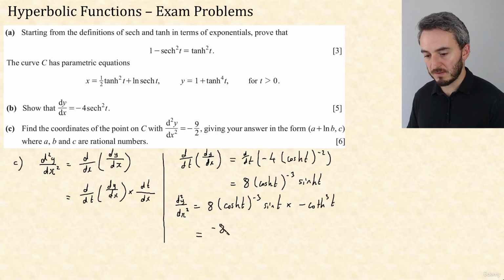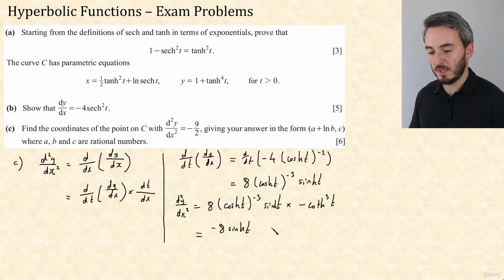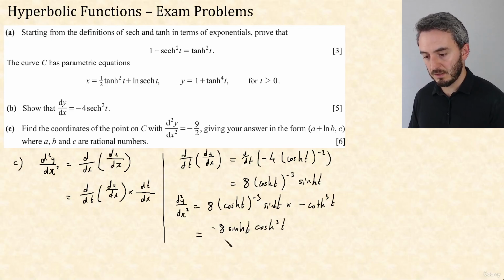We've got minus 8, then we've got sinh t, I wrote sine, I meant sinh. Then cosh cubed over sinh cubed, so that's cosh cubed t. And on the denominator, we have the three coshes here, so cosh cubed t, and then we've got the three sinhs from here, so that's sinh cubed t.